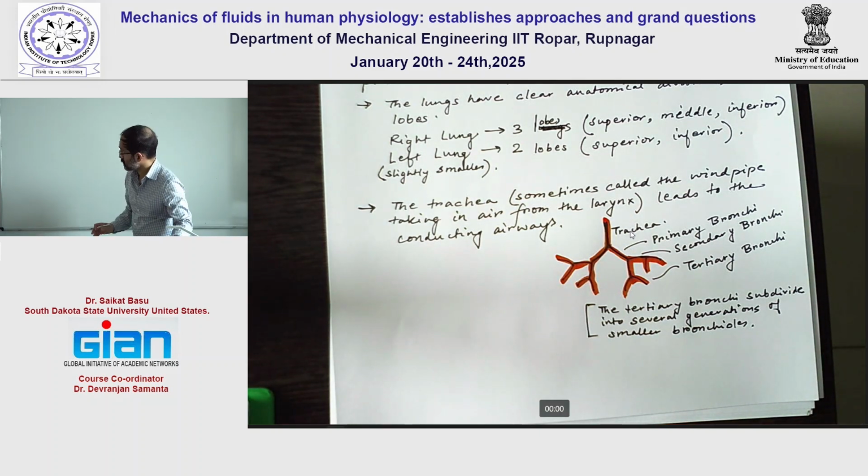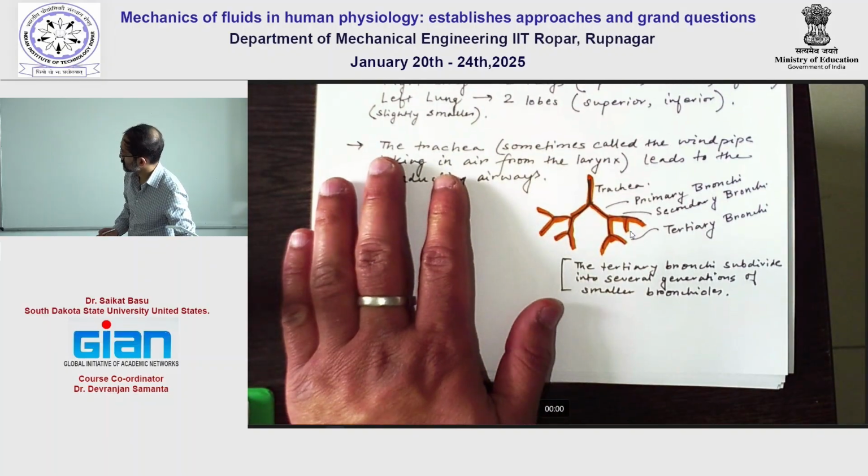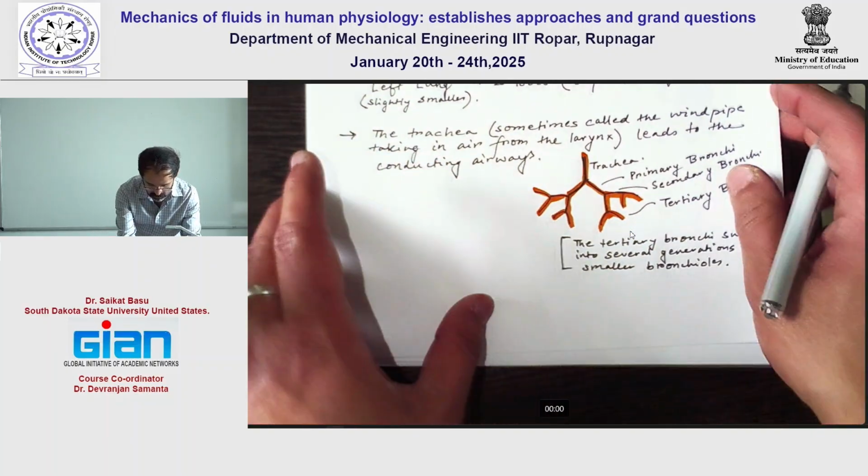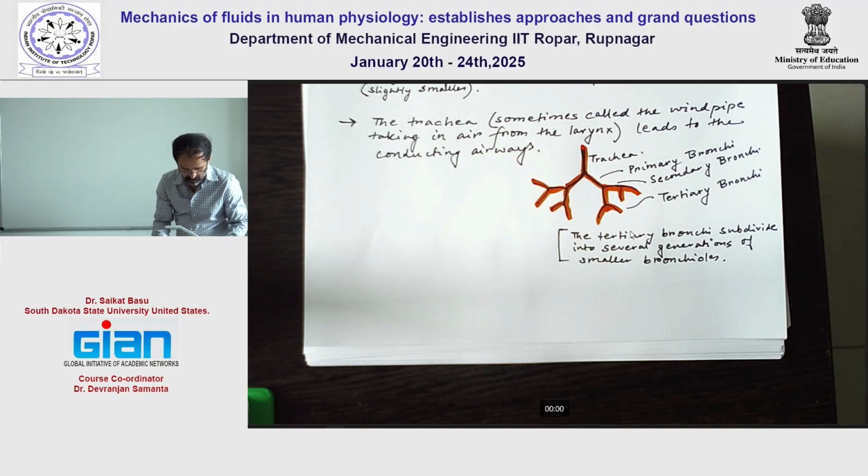And these, as I said, are the conducting areas, and then they transit into the respiratory gas exchange zone, where you have the bronchioles, the alveolar ducts, and the alveolar sacs.